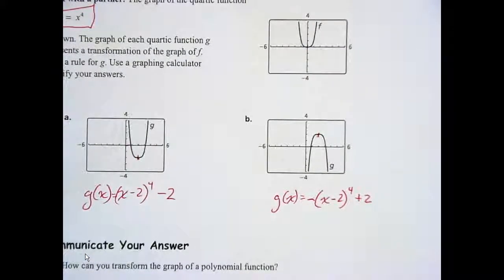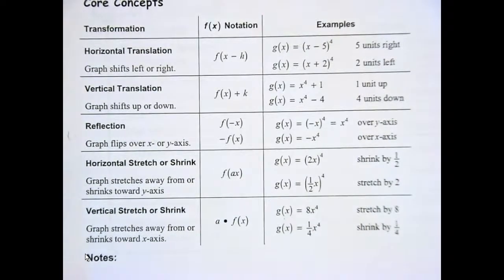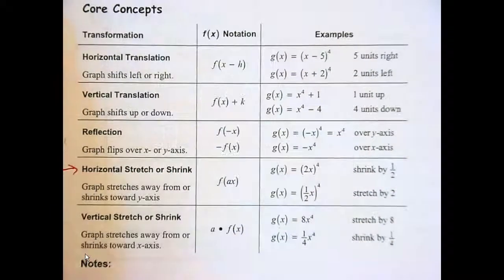All right, I want you to take a look at the next page of your student journal. All right. Now, guys, this is just a summary of our transformations again. Now, the ones that we did not talk about today, we did not go into the horizontal stretch and shrink.